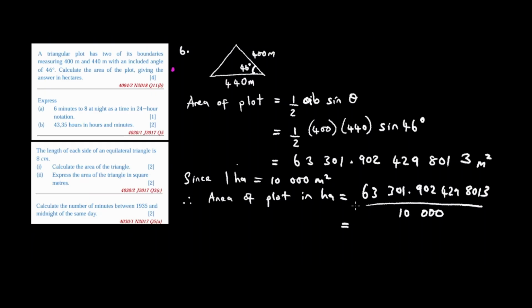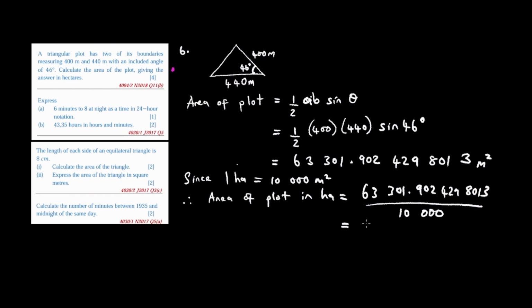So 63,301 square meters is how many hectares? We just divide by 10,000 in the calculator.